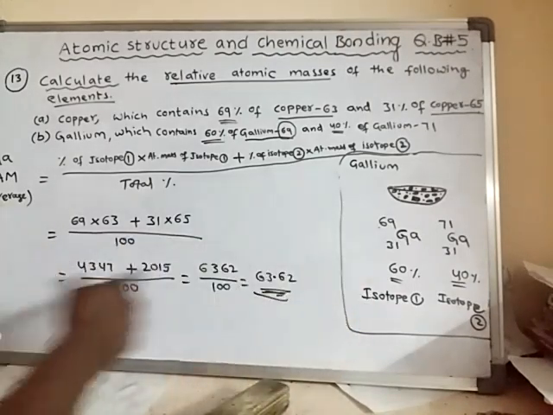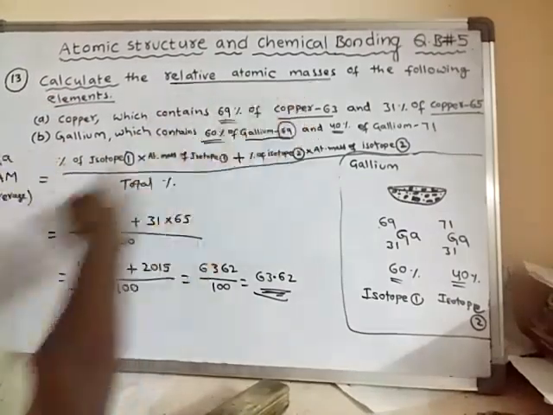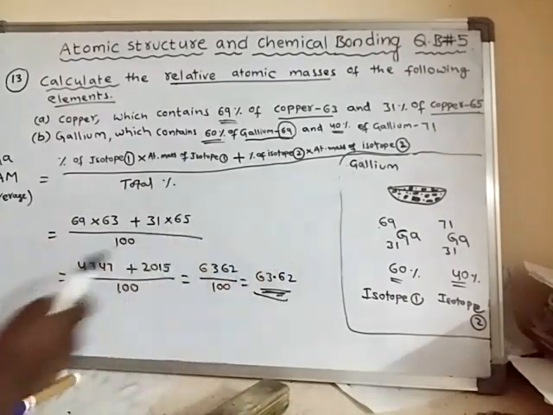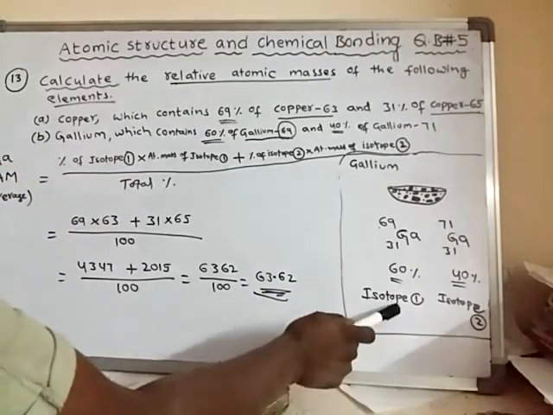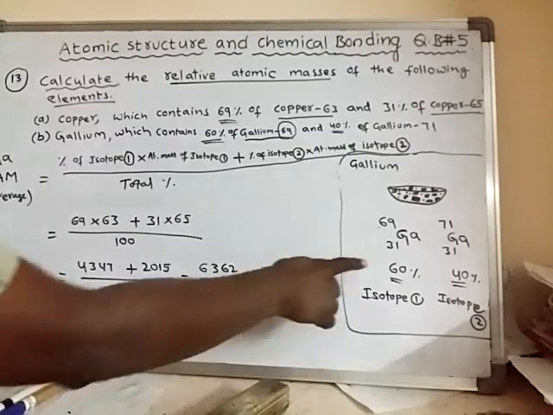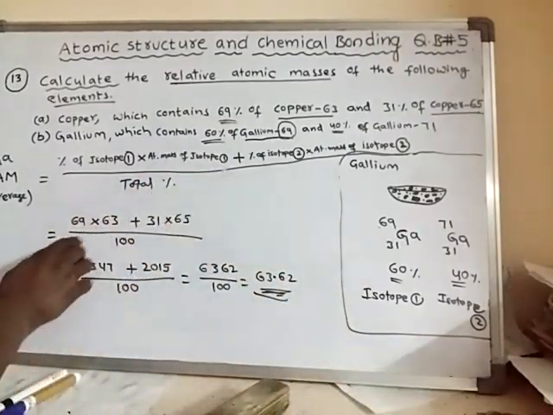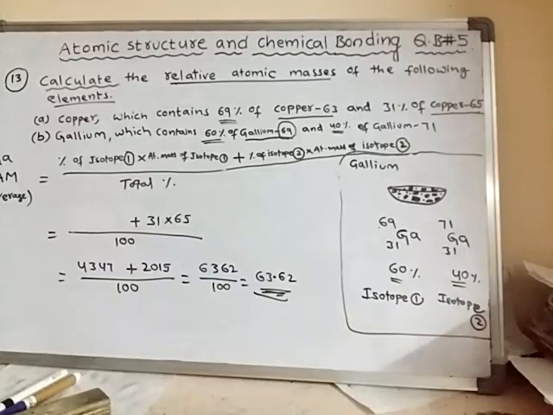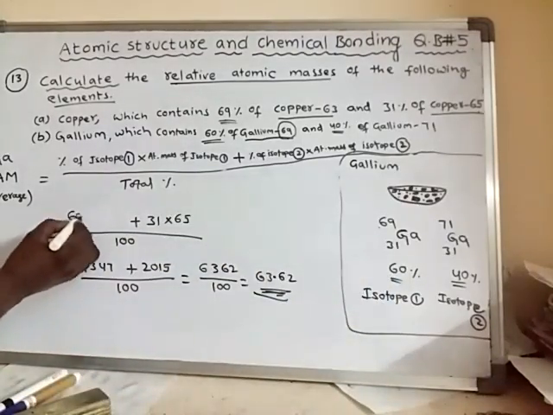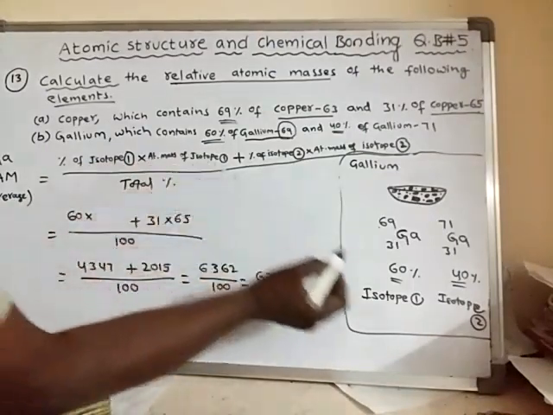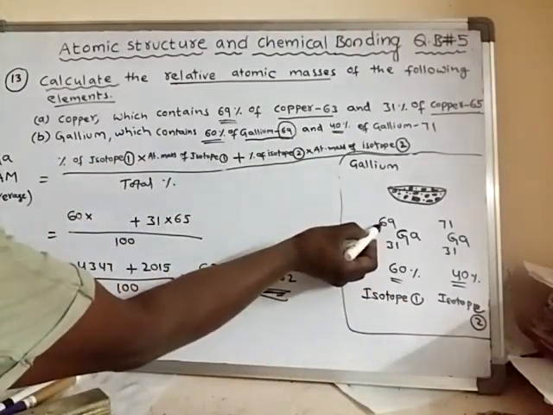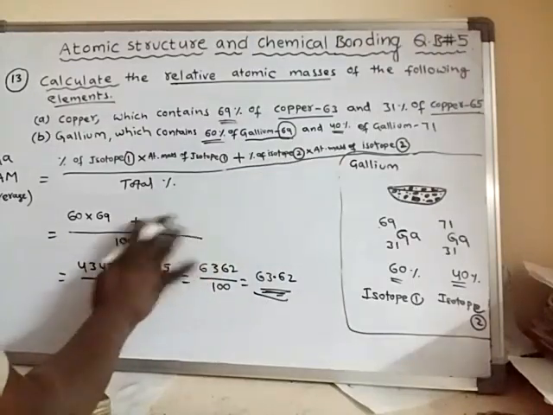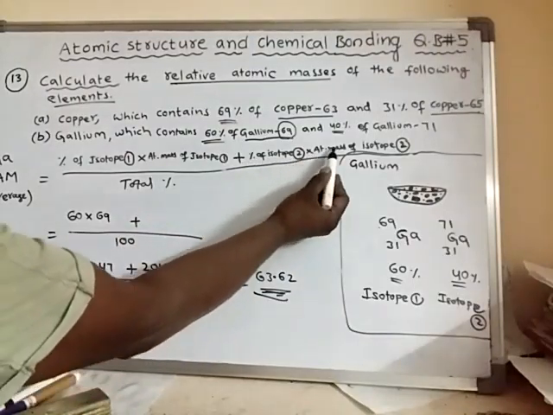So the relative atomic mass, or average atomic mass, of gallium is equal to percentage of isotope 1 into atomic mass of isotope 1, that is 60 into 69, plus percentage of isotope 2 into atomic mass of isotope 2.